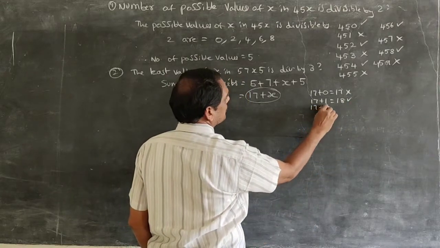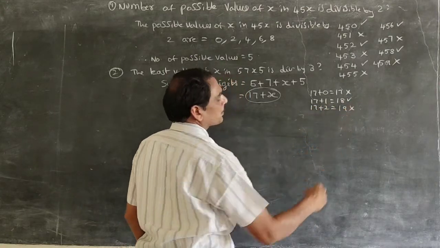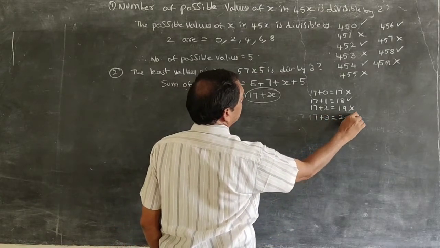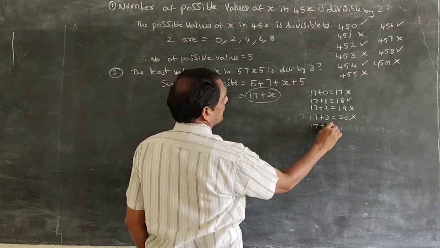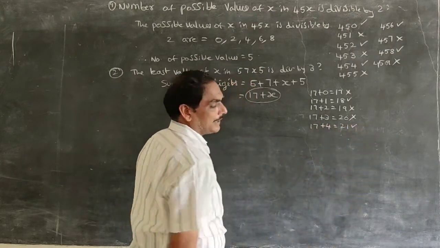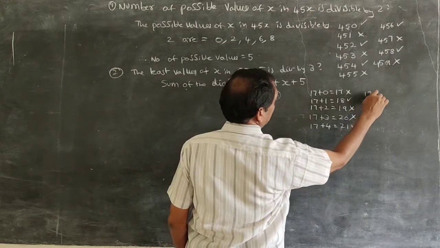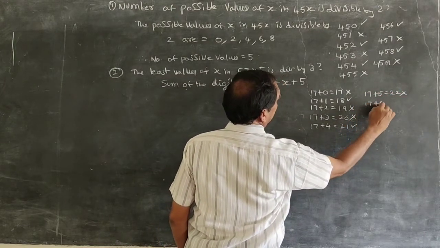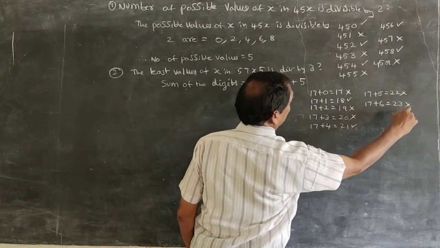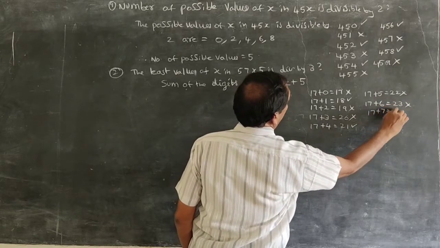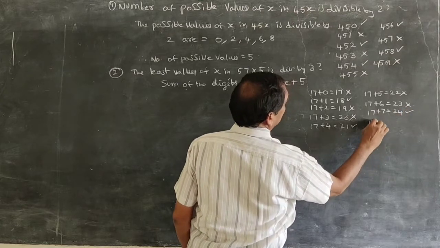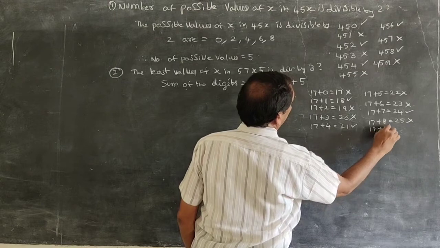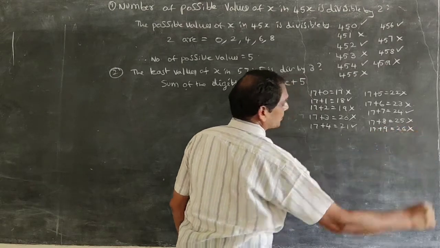Next 17 plus 2, 19, not divisible by 3. 17 plus 3, 20, not divisible by 3. 17 plus 4, 21, divisible by 3. 17 plus 5 equal to 22, not divisible by 3. 17 plus 6 is 23, not divisible. 17 plus 7, 24, divisible by 3. 17 plus 8, 25, not divisible. 17 plus 9, 26, not divisible.